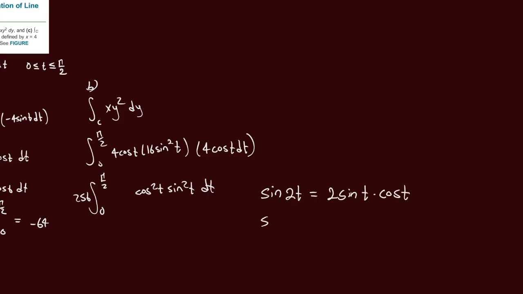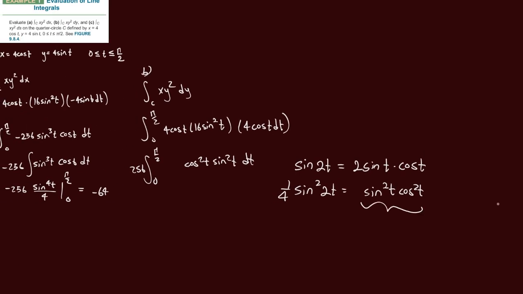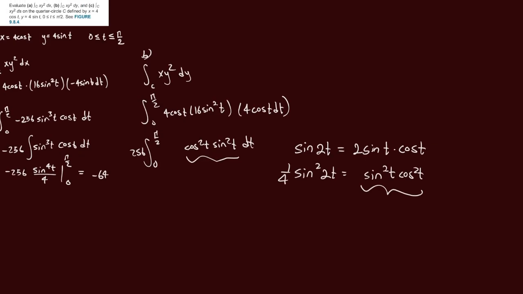So if we were to square everything, this would be 4 sin squared t cos squared t, which is sin squared 2t divided by 4. Okay, and this and this match, so what we can do is rewrite this as the following.